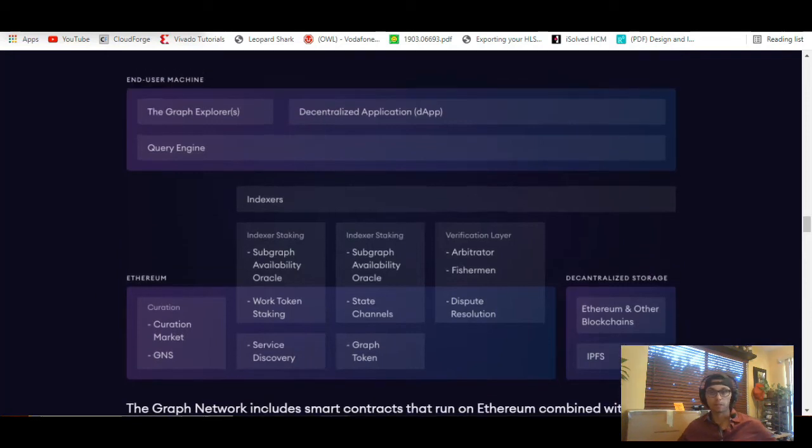This architecture diagram was not super clear when I was reading it. You can see the user application layer and then the Ethereum layer. I don't know, this wasn't a very nice description, in my opinion. But the other thing I didn't point out is that The Graph network is actually on Ethereum.